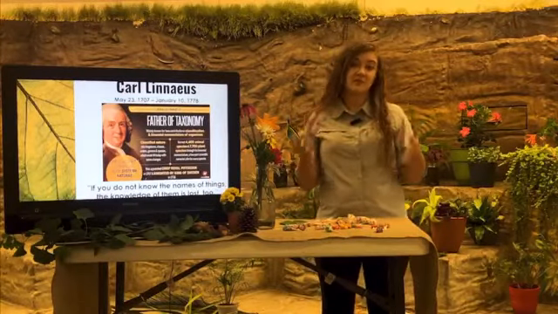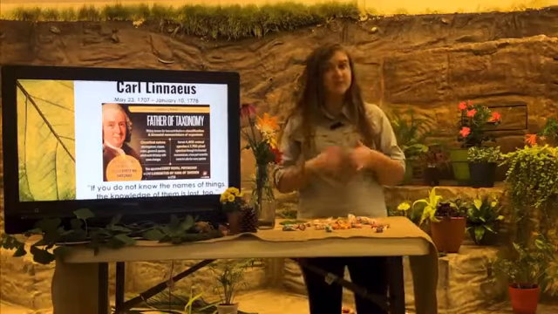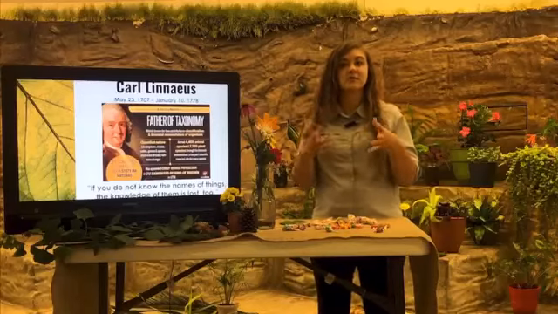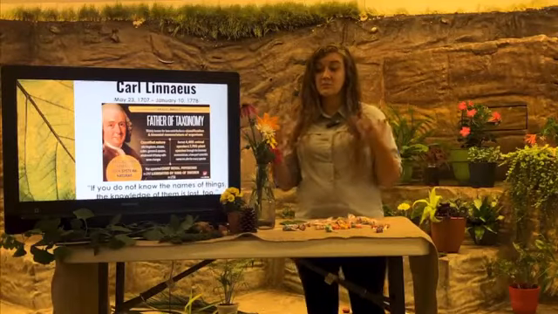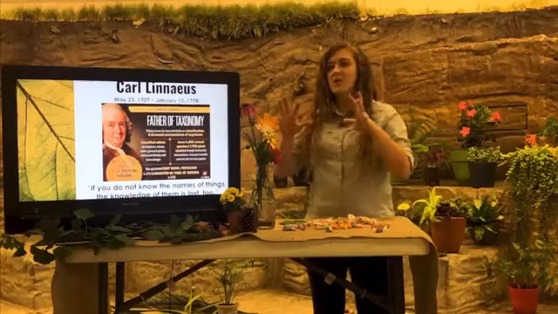He taught them all about botany, but at the same time, he was also commissioned to go out into new lands and discover new species for Sweden. And so around this time, he saw all the different plants.